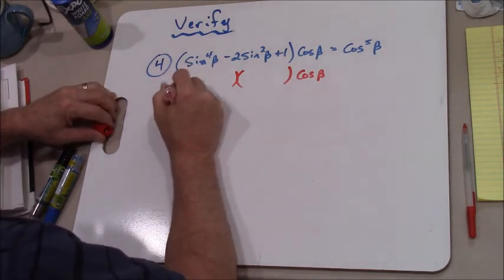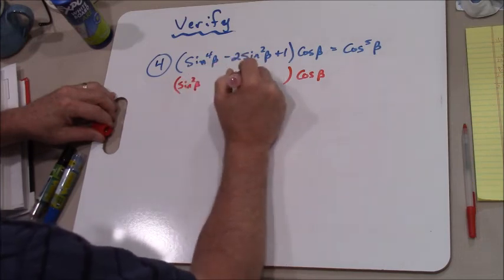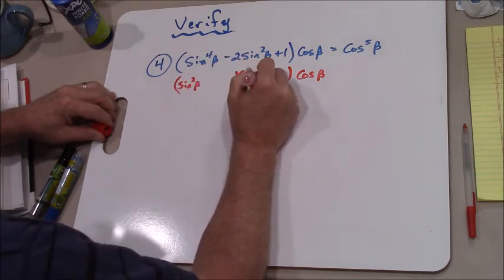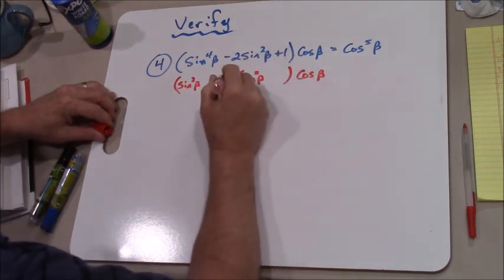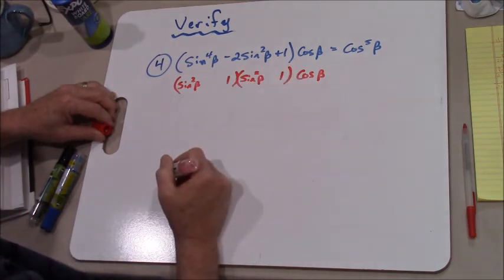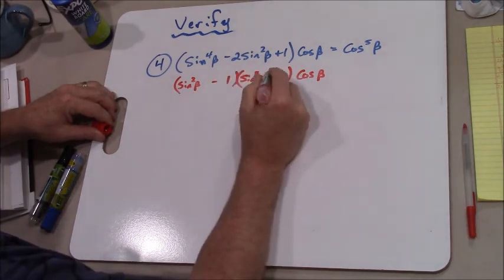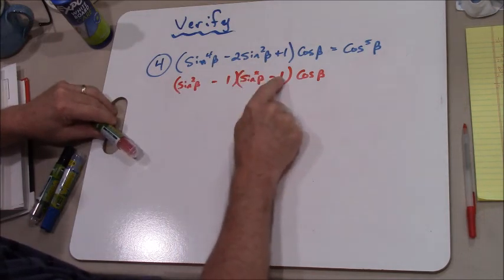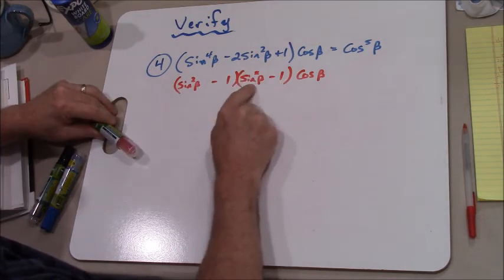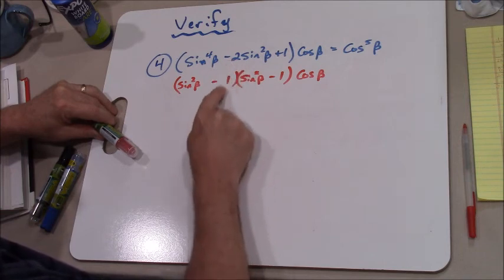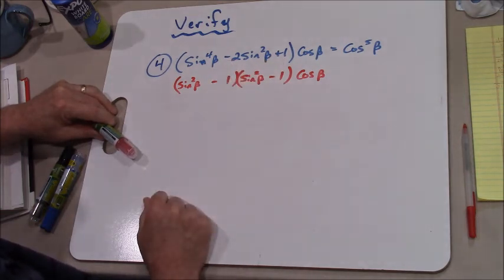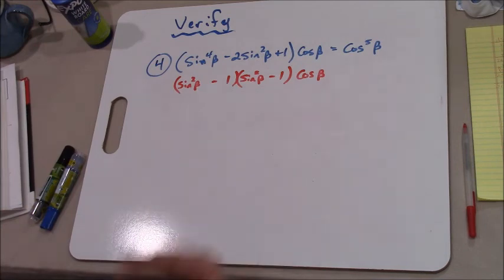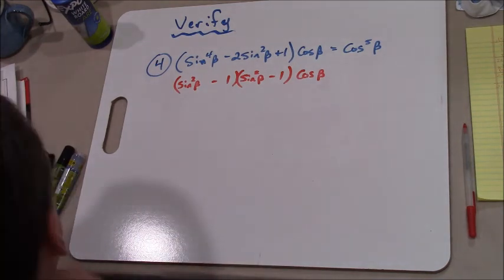So this would be sine squared beta times sine squared beta. This could only be 1 times 1. And if I make both of those negative, when I FOIL this, I would get a negative sine squared and another negative sine squared. That would be 2 of those. And negative times negative is positive. So that does work. And now it looks like a Pythagorean identity.